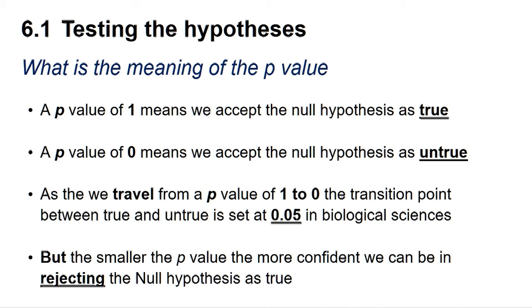A p-value of 1 means we can accept the null hypothesis as true, whereas a p-value of 0 means we can accept the null hypothesis as untrue. As we travel from a p-value of 1 to 0, the transition point between true and untrue is set at 0.05 in the biological sciences. The smaller the p-value below 0.05, the more confident we can be in rejecting the null hypothesis.